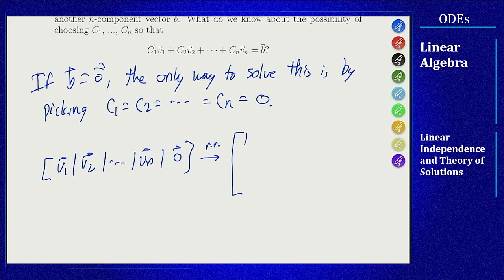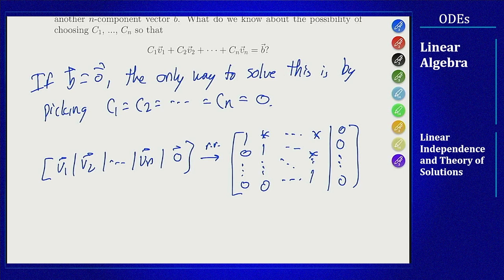I don't know what's up top here, and I really don't care. It does not matter. The point is, this row reduction tells me that these are linearly independent because the last row tells me that cn must be 0. The row before told me that cn minus 1 has to be 0, and backtrack all the way up. Now, the row reduction process does not care about the right column of the matrix.